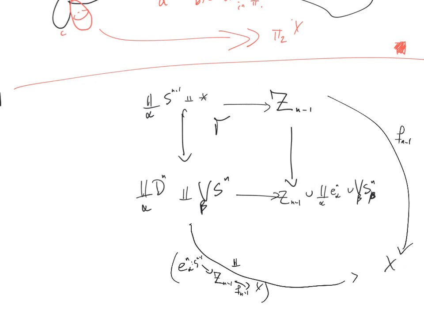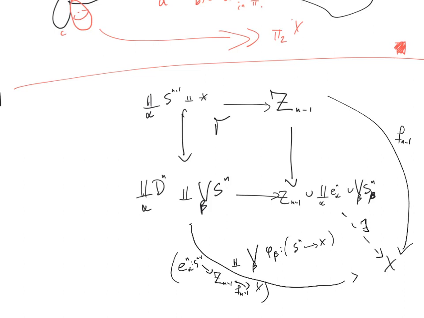It's mapping onto generators. So it's sending S n on the beta summand. It's a big wedge sum of these characteristic maps, phi beta. Each of those is mapping S n to X, and it's indexed over beta. And to know that you get an induced map like this, you have to know that the outer square commutes.